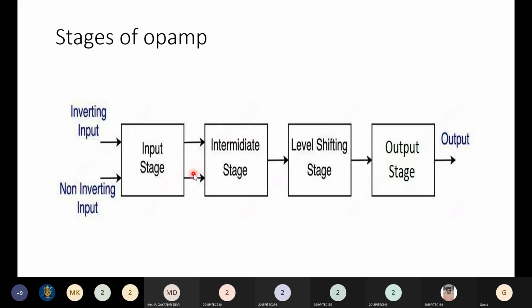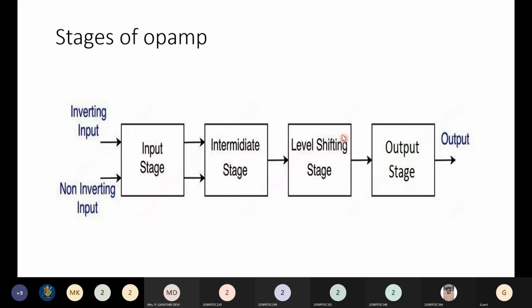One stage of differential amplifier will just provide a high voltage gain. But here you will not have a single differential amplifier. It is cascaded stages of differential amplifier, a multi-stage differential amplifier, and therefore the voltage gain is increased a lot.